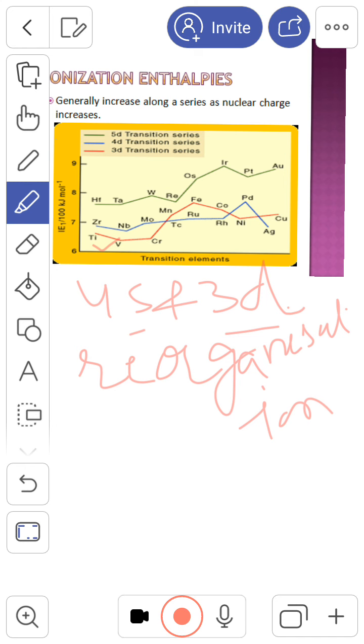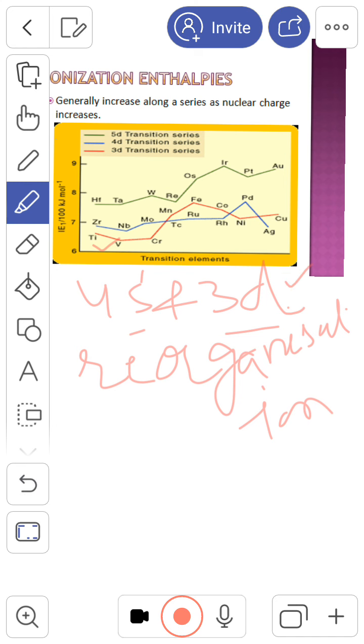This results in the release of exchange energy, which increases as the number of electrons increases in the d^n configuration, and also from the transference of s electron to the d orbitals.